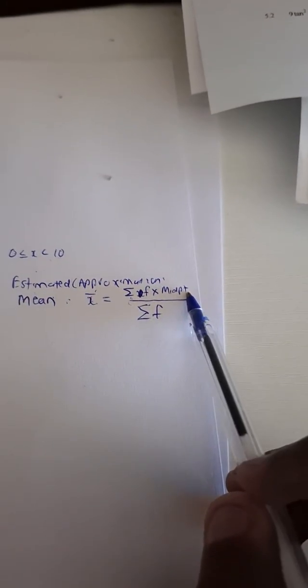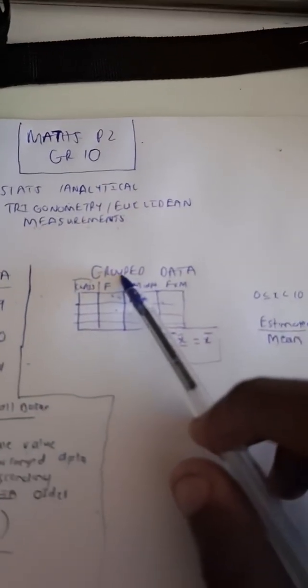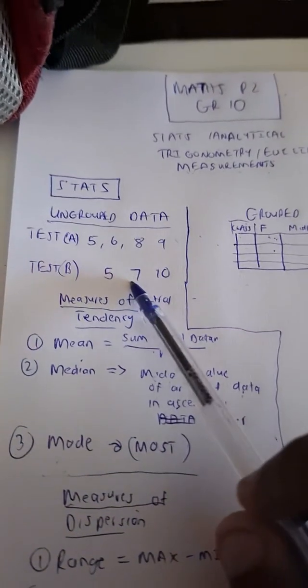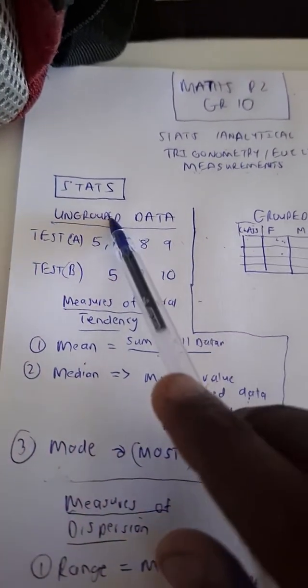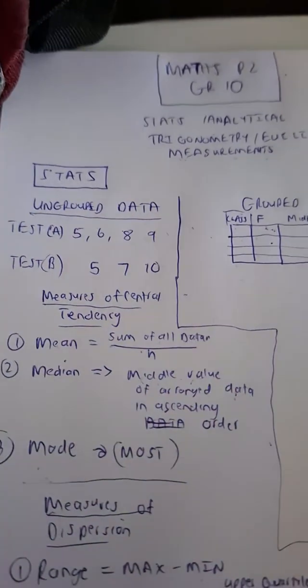So your sum of the frequency times midpoint total divided by your frequency total will help you calculate your estimated what? Mean. Estimated mean for grouped data, which is very much different from what we refer to with ungrouped data.